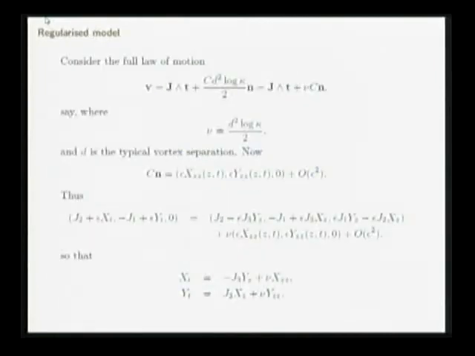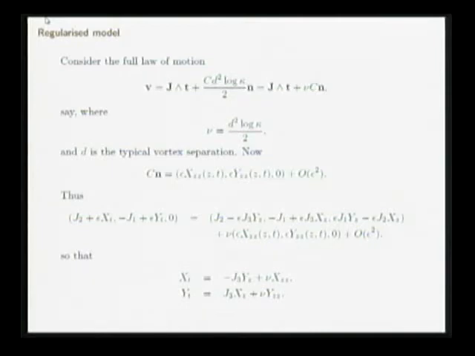So one way to salvage the situation would be to say, well, all right, that happened because I threw away the self-induced part of the law of motion, which was proportional to curvature, so it's going to stop anything getting too bad. So you can do the same analysis where you include the full law of motion.